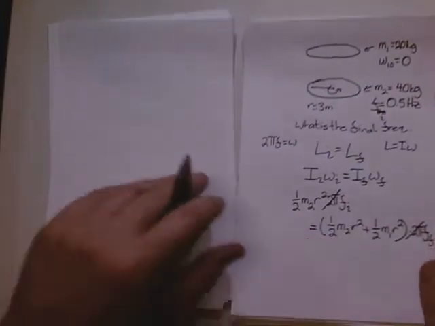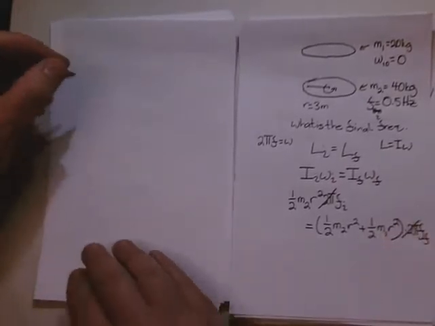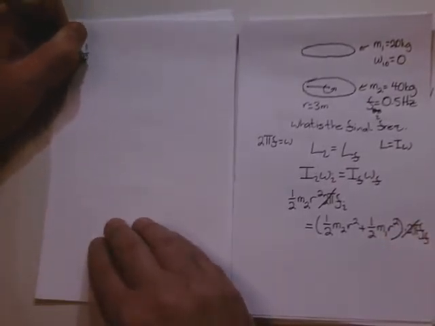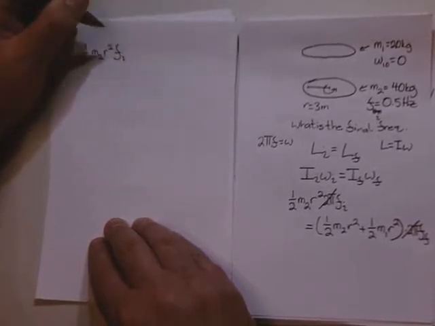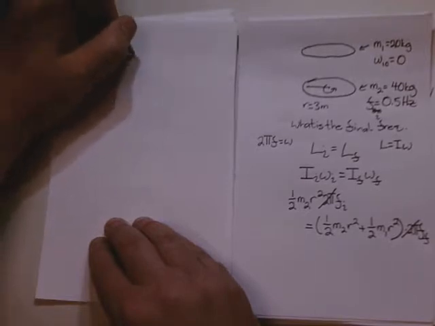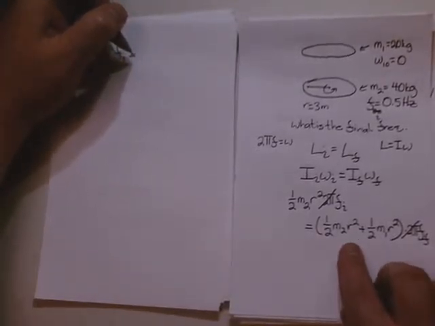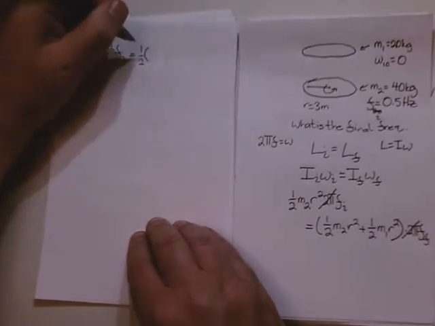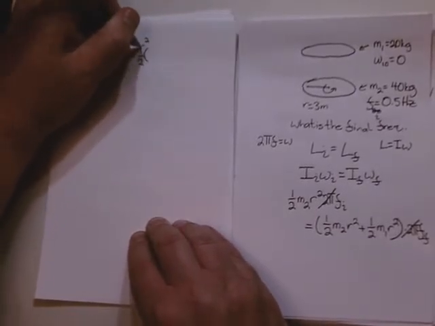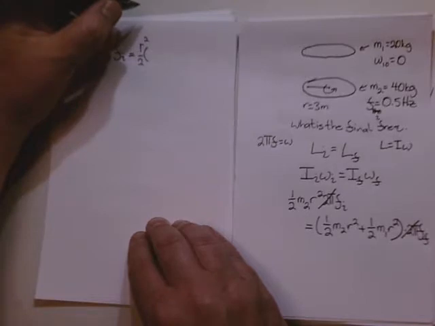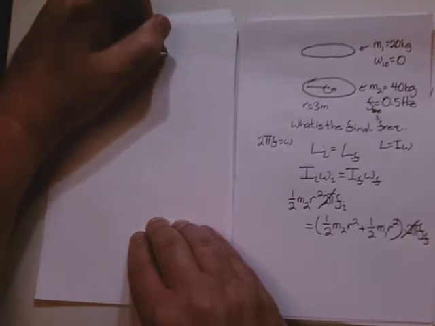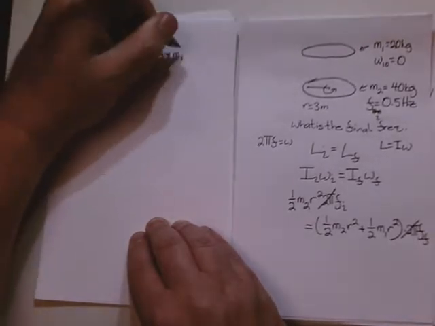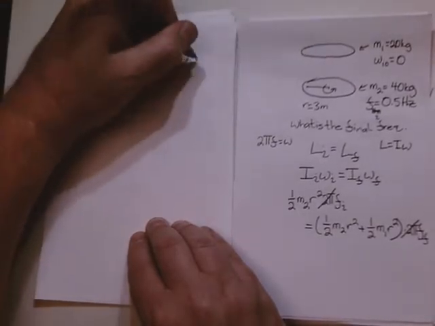Now, there are some other things that we could simplify, but what I'm going to do is clean it up. 1/2 m2 r squared f initial is equal to, that 1/2 factors out. Oh, and the r squared factors out as well. And I'm left with m2 plus m1 times frequency final.